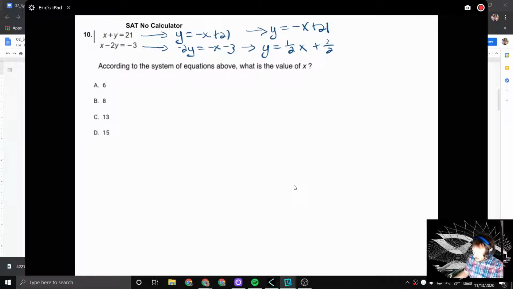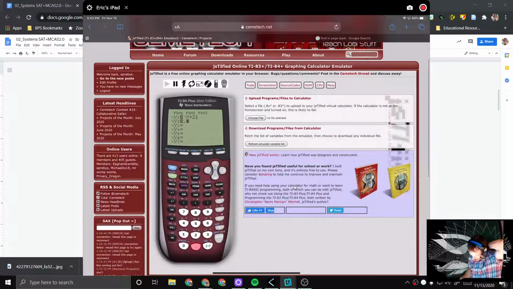I'm double checking this one too. Very frustrating to put the wrong thing into your graphing calculator. 1/2 x plus 3/2. Graph it. There's the first line. And I can't see the other line.